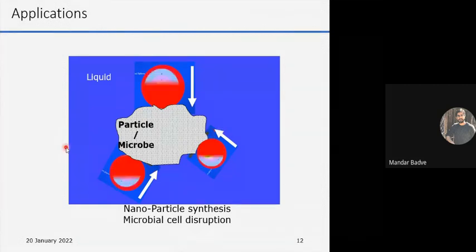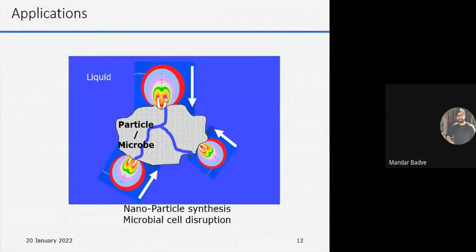When these cavities collapse, they create very high temperature and pressure conditions, and because of those conditions, your particle or microbe breaks down. The particle obviously breaks down. In the case of a microbe, it implodes the cell wall, and because the cell wall is broken, all the intracellular material comes out, and your microbe eventually dies. That is what basically happens.